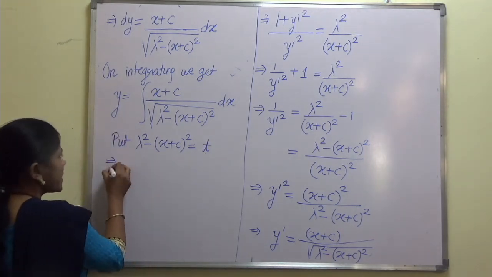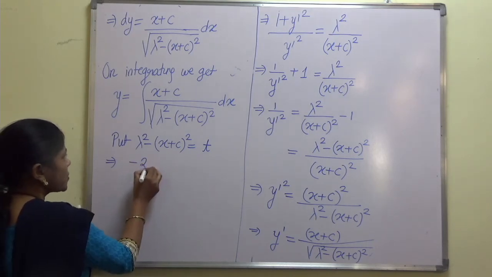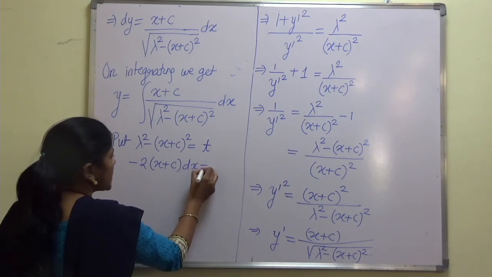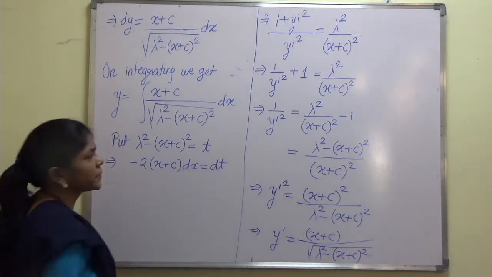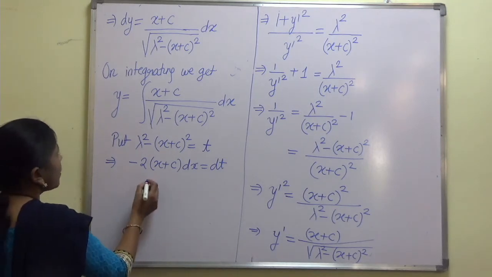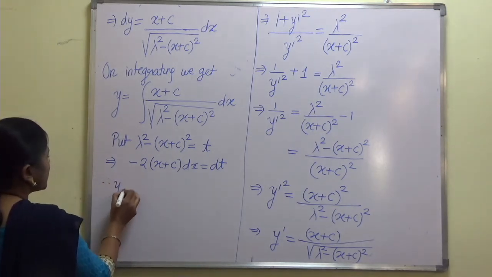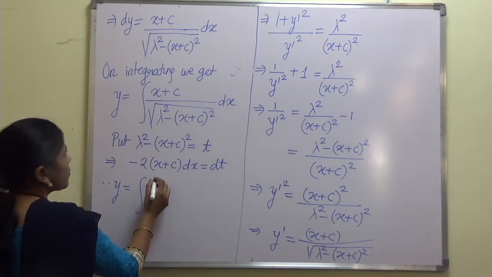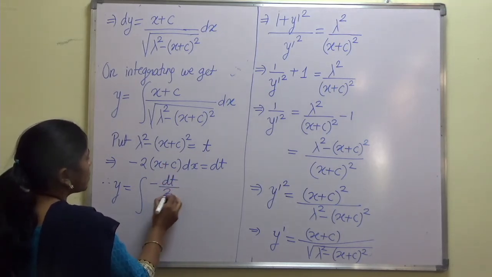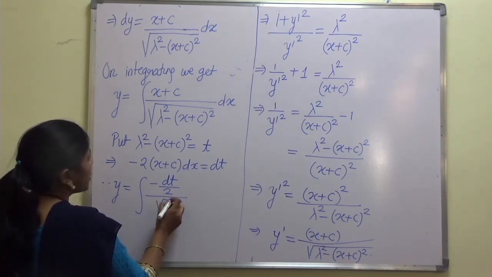So what this implies? Differentiate. So we have minus 2 into (x plus c) dx is equal to dt. Therefore y is equal to integration of minus dt by 2 upon under root of t.